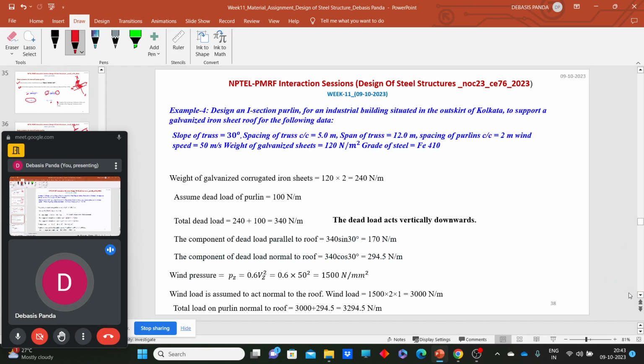So let's quickly solve one example of purlin, so that this concept of design of purlin is completed. So let's quickly solve it. Here is one example, read it out.